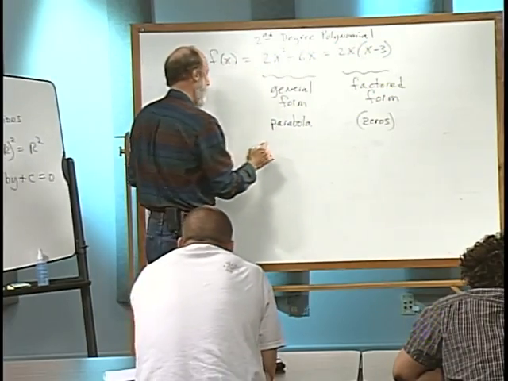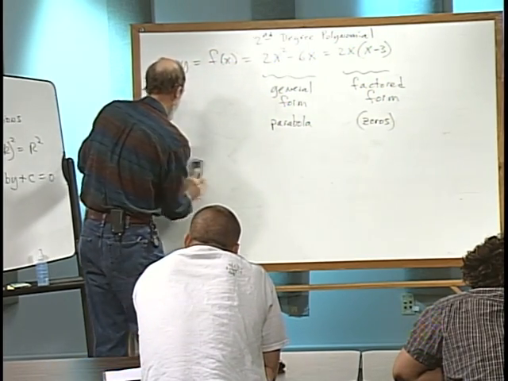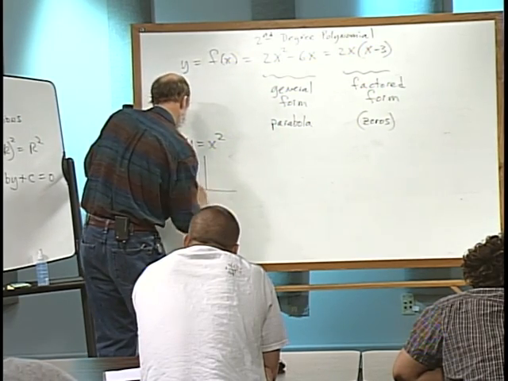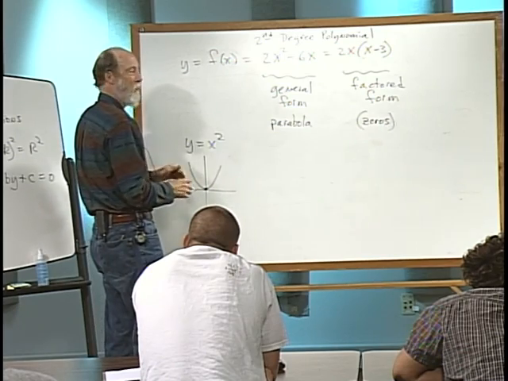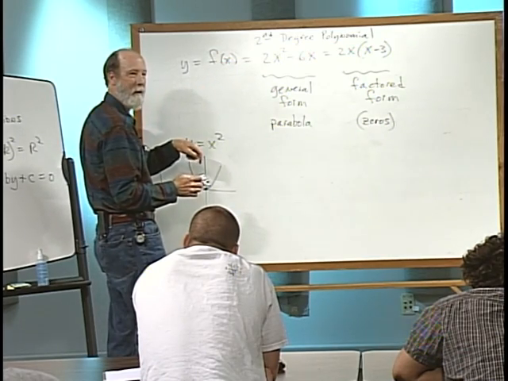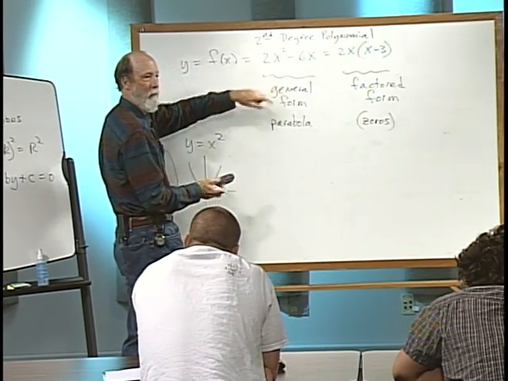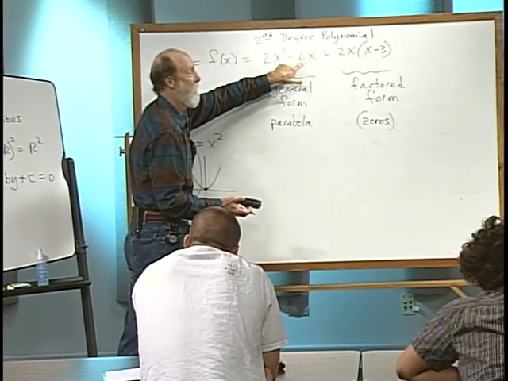Doesn't this thing look like an x squared graph? Doesn't it look like the familiar y equals x squared? This is called an elementary function that's had something done to it. And so it has a behavior like x squared, and this 2 just simply is going to magnify it a little bit. And then this is going to alter it a little bit too.